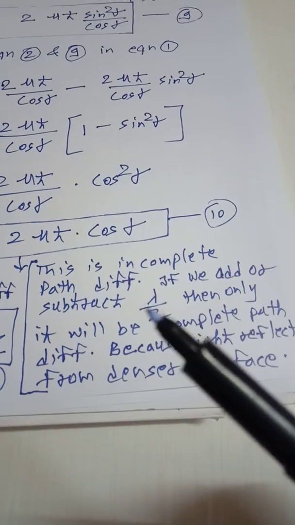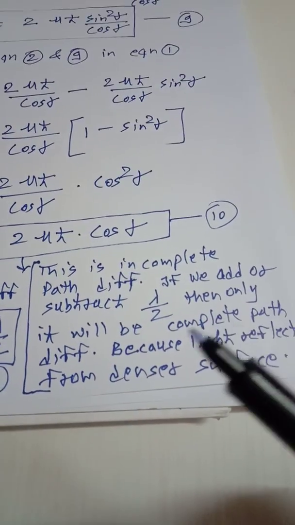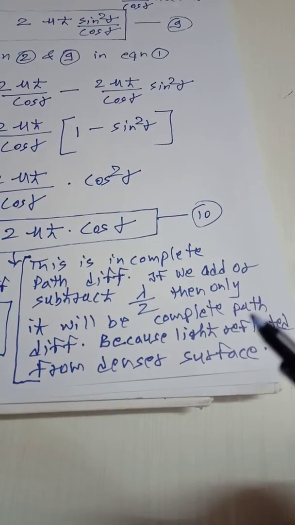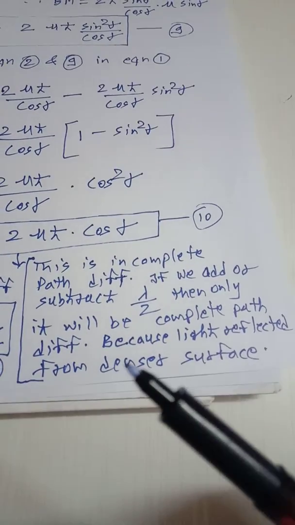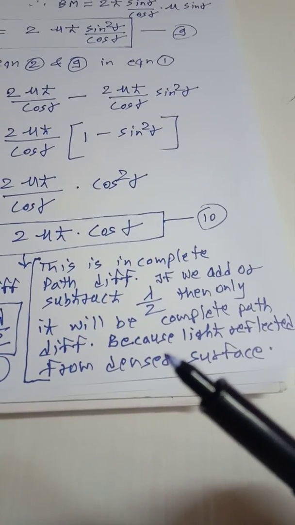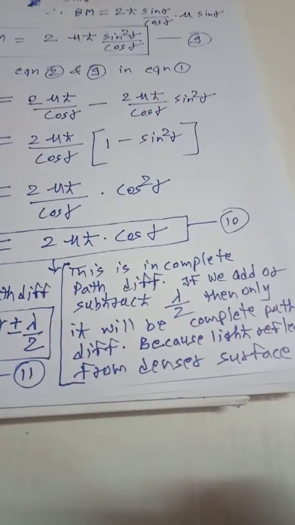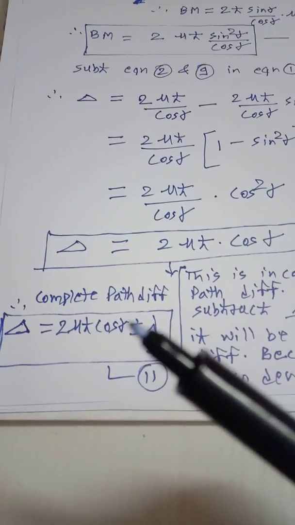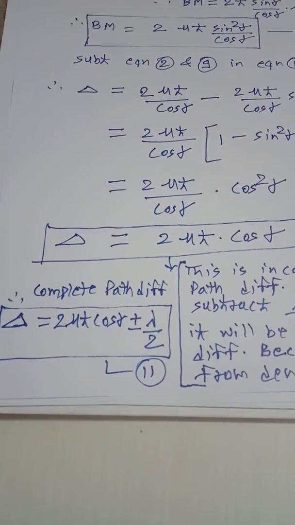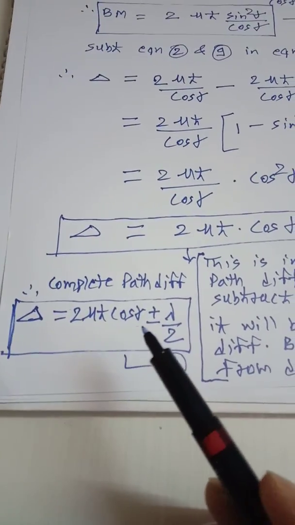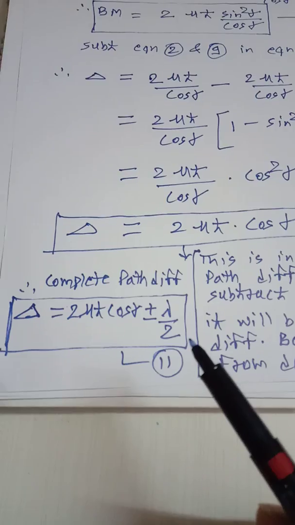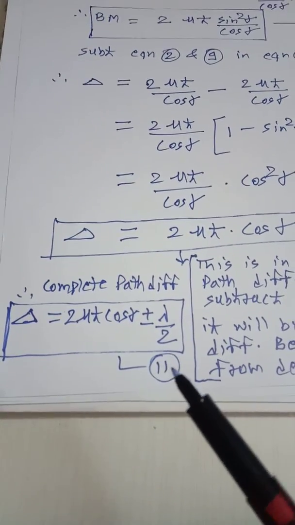If we add or subtract lambda by 2, only then it will be the complete path difference, because light is reflected from a denser surface. Hence equation 10 becomes the complete path difference: 2 mu t cos r plus or minus lambda by 2.